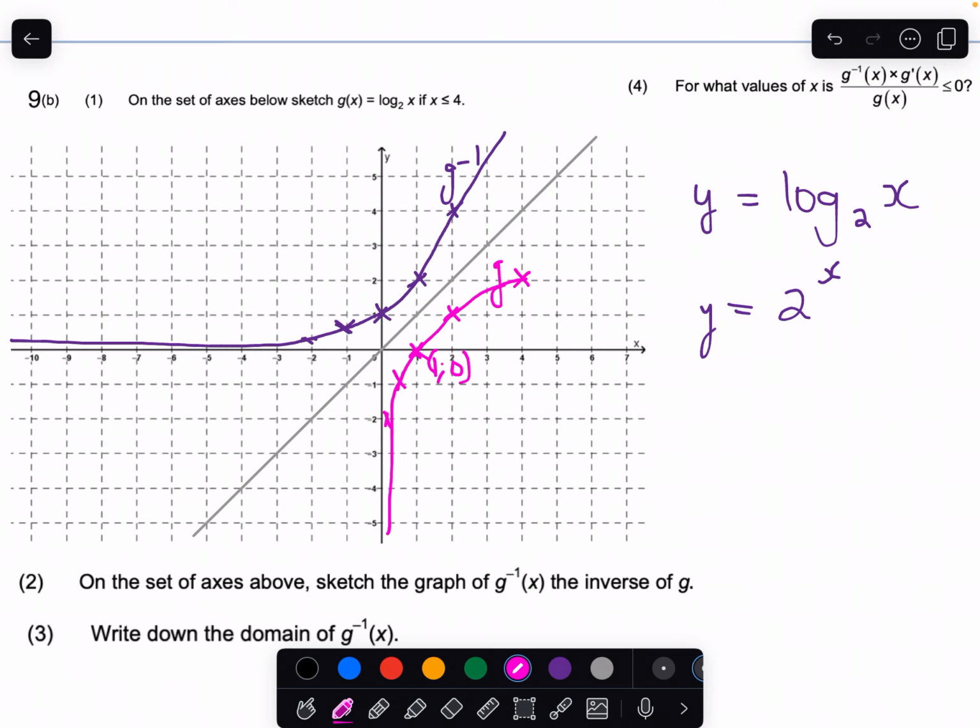On the set of axes above, sketch the graph of the inverse. Now write down the domain of the inverse. Also interesting, we have to think about this limitation here. This doesn't just go off to infinity and beyond. The restriction here was that x has to be smaller than or equal to 4. So for the inverse graph, what that means is that y can't go beyond 4.